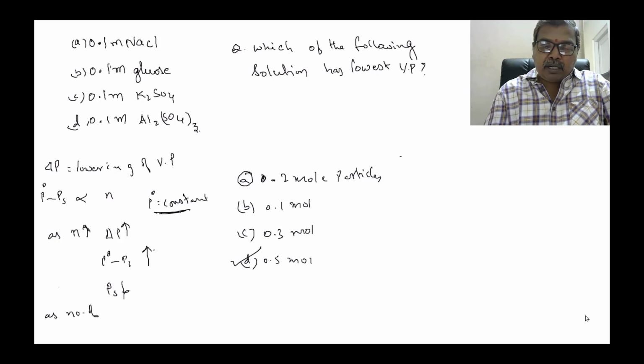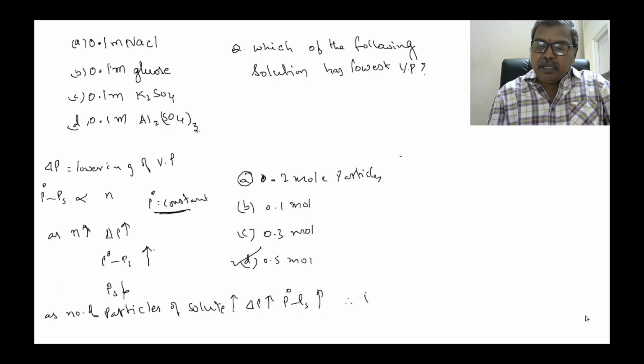As number of particles of solute increases, delta P increases, P0 minus Ps increases. So therefore Ps decreases, vapor pressure of the solution decreases.